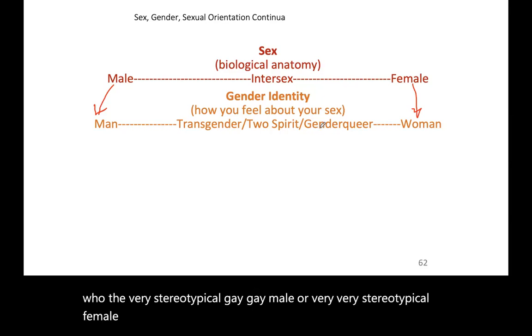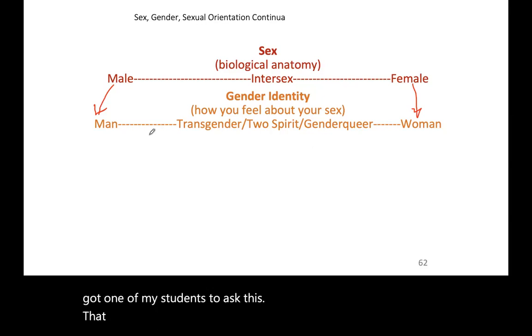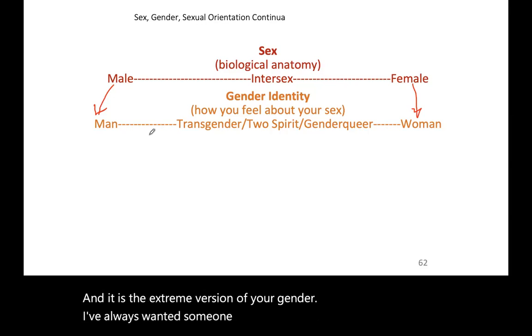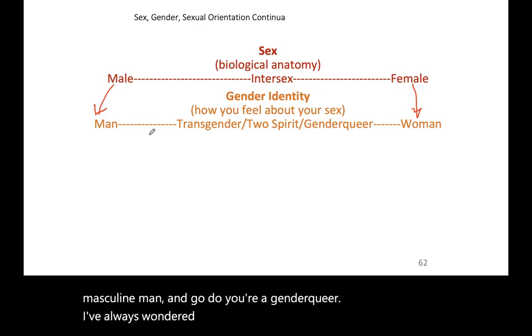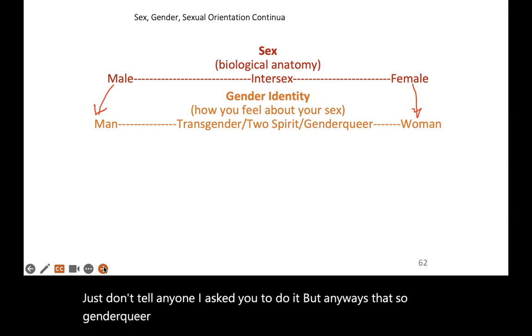But the thing that is interesting, and I've never got one of my students to ask this, is when we look at genderqueer, and it is the extreme version of your gender, I've always wanted someone to go up to the biggest, brawliest masculine man and go, "Do you know you're a genderqueer?" I've always wondered what would happen. Just don't tell anyone I asked you to do it. But anyway, so genderqueer is an expression of extremes on being man or woman.